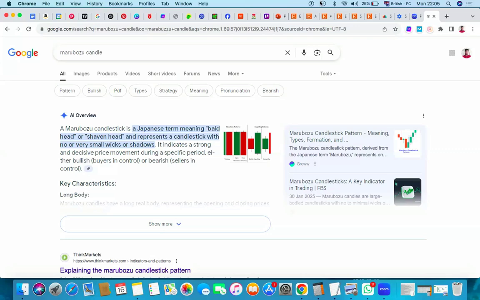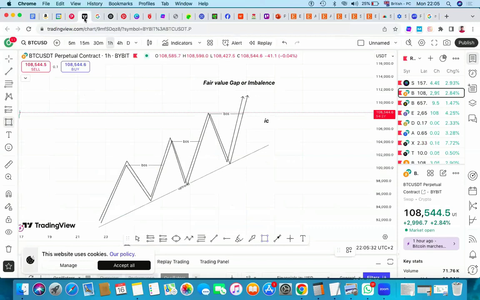I'll try and draw that on our chart so we can see. Like I was saying, firstly, what you want to see is three Marubozu candles forming consecutively.